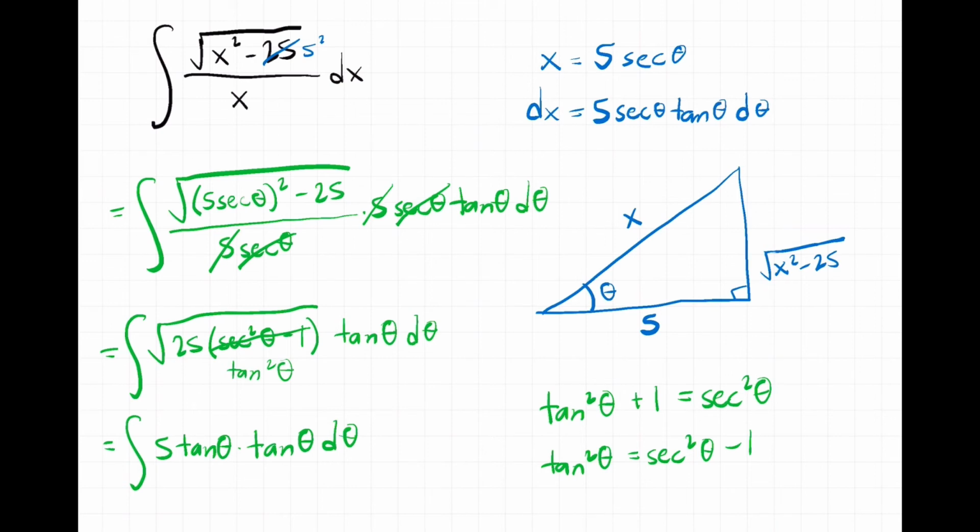So either way that you do this, whether you decide to plug in the trig function for x into that root and then simplify it, which will always be successful if you've made the right choice of your substitution, then you will always be able to use a Pythagorean identity to simplify that root until eventually there is no root at all.